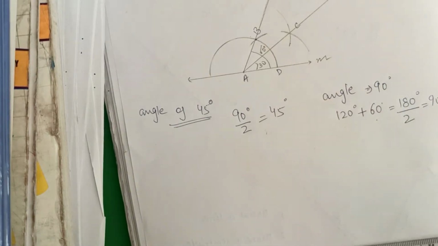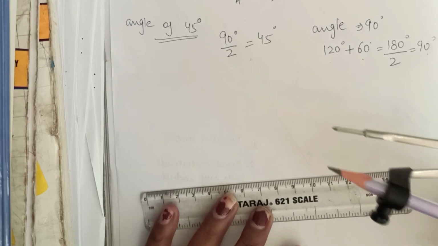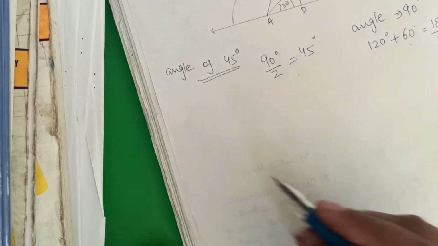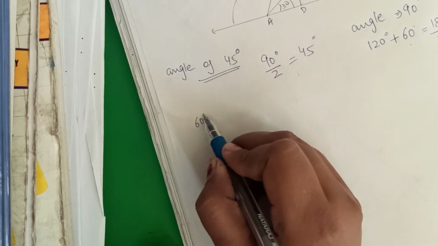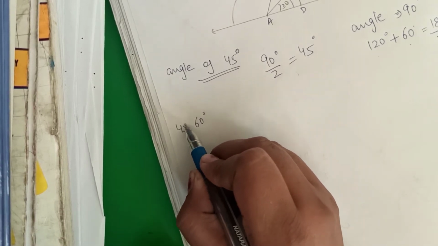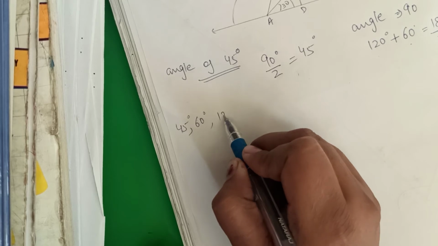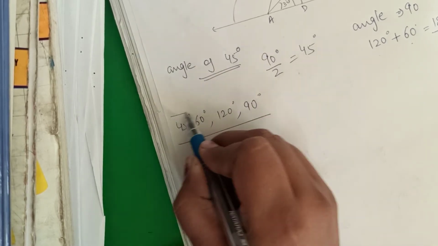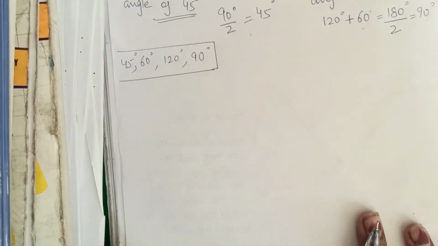Clear? So see how you will make it that in the same angle I will draw 60, first 45, 60, 120 and 90. 4 angles in one angle.